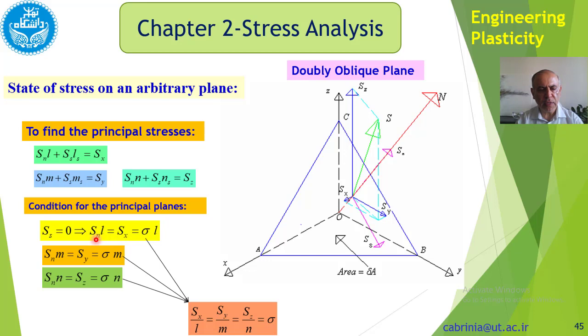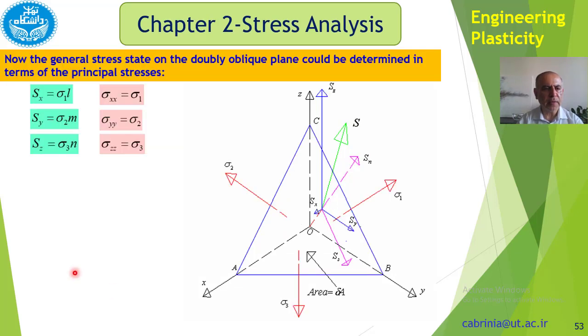But instead of Sn, we put sigma, because we said for the condition that the shear stress becomes 0, Sn becomes the principal stress. Therefore, we put sigma instead of Sn here, and similarly for the other ones, and then we get this relationship. That's why we could write these relationships: Sx equal to sigma L.